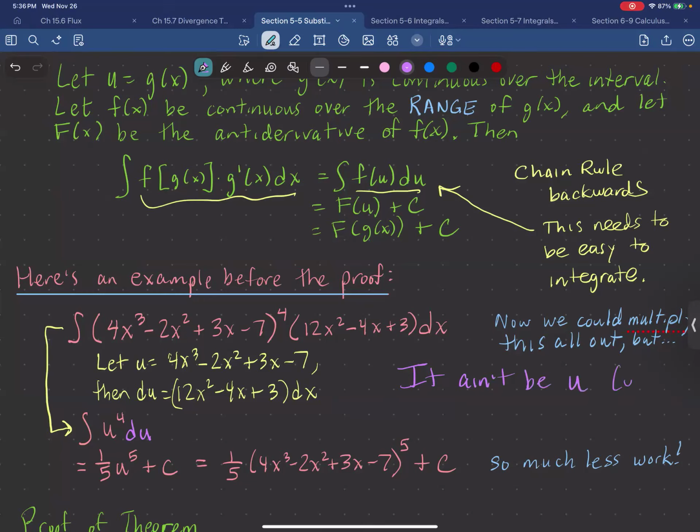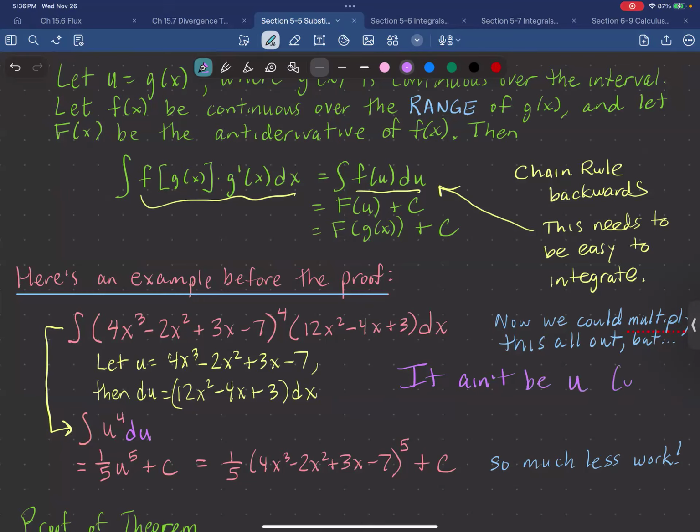That's still, the left side hasn't changed. I just brought it down. And integrating little f gives us big F. And we didn't start with u, so we don't end with u. We take this, we plug it back in. And we see we get F of g of x plus c on both sides. So it does work.